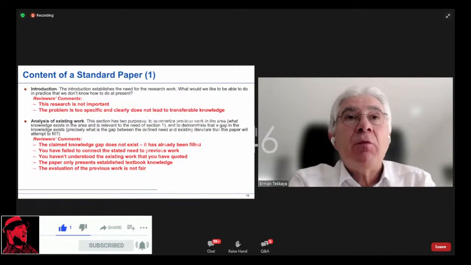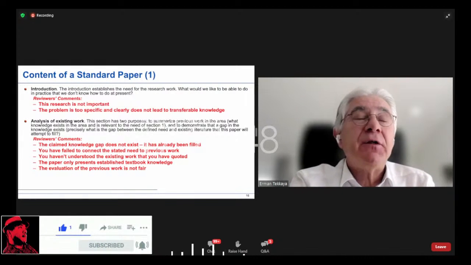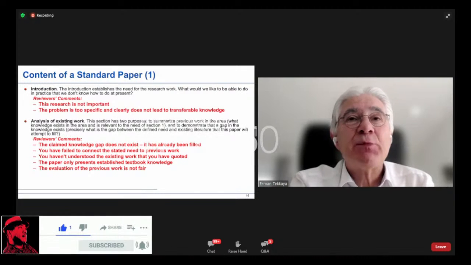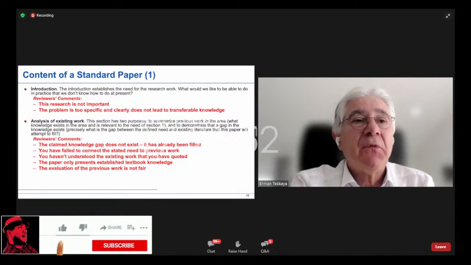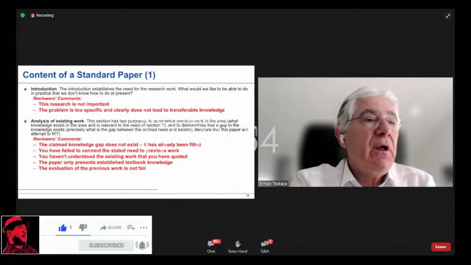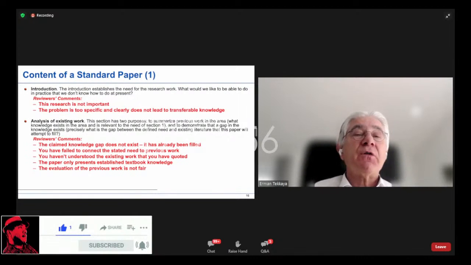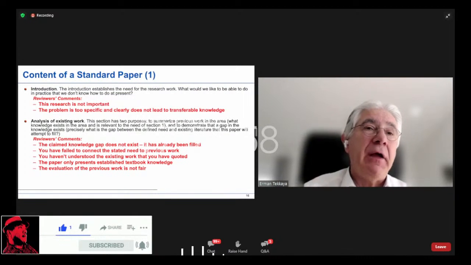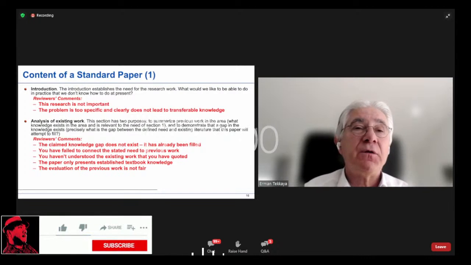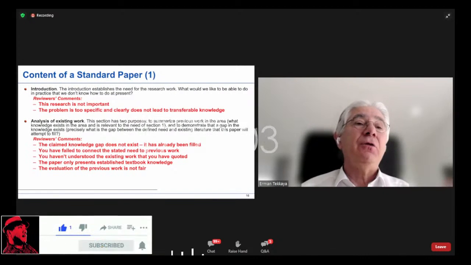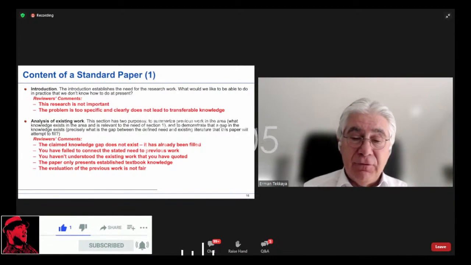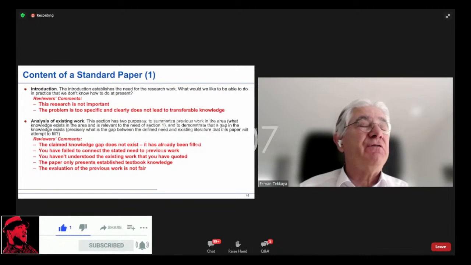This is also a very common point. If you start to write a paper on deep drawing, don't explain what is deep drawing. That's textbook knowledge. And the evaluation of the previous work is not fair. So you may have some concurrency with some other work, and then you may just negatively explain their achievement.